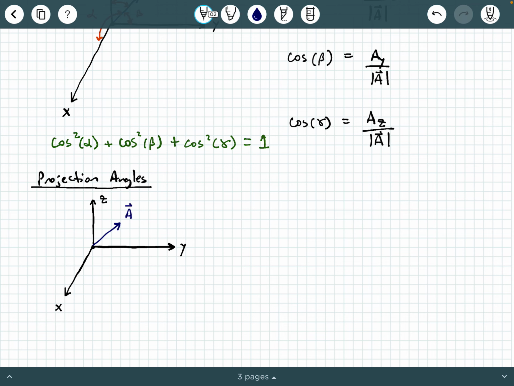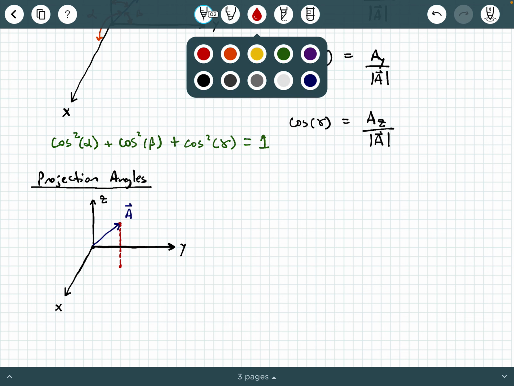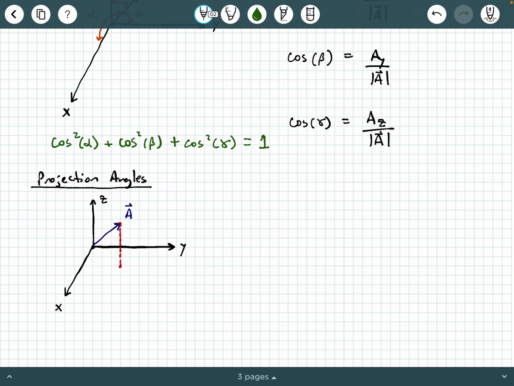All right, so think back to the original figure. We said, and I even used that term before, projection. So what we can do is we can project the head of that vector A down to the XY plane, okay? Now, when we do that, that vector is going to cast a shadow of itself on the XY plane, okay?